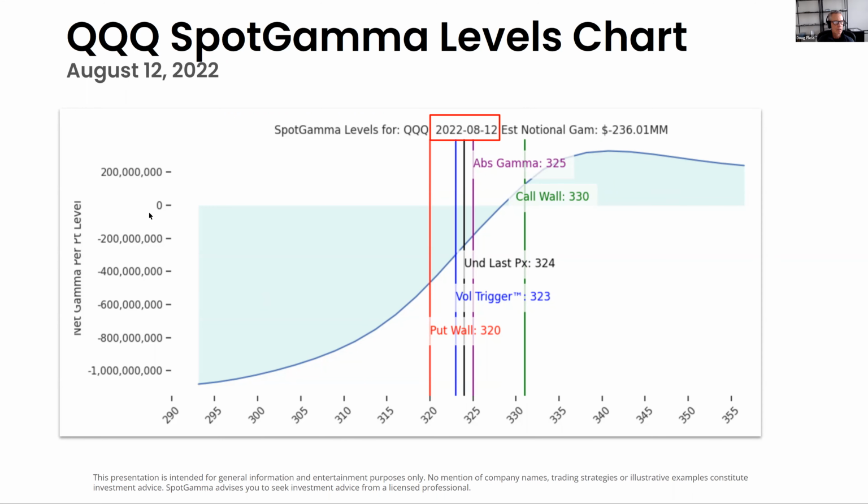And again, showing positive gamma above the zero line, or call gamma above this line, and negative gamma or put gamma below the line. And it's also showing all the key levels. So this is where the data comes from that I showed in the charts above. So that's the 12th.